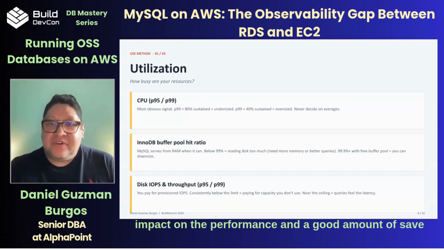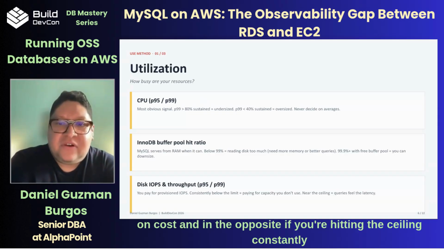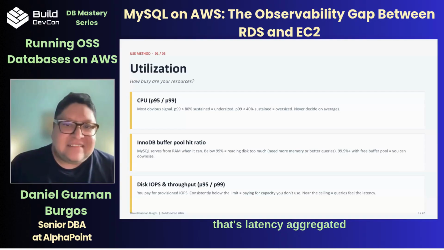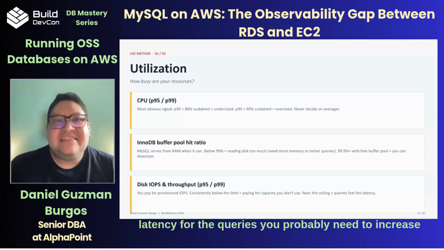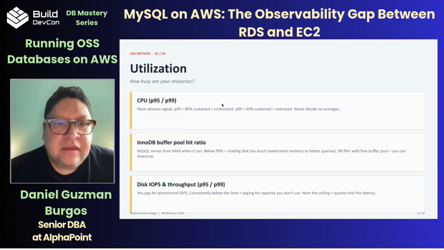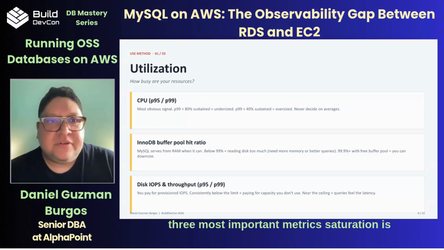No impact on the performance and a good amount of savings on cost. And in the opposite case, if you're hitting the ceiling constantly, that's aggregated latency for the queries. You probably need to increase either the throughput, the bandwidth, or the IOPS. So these are, in terms of utilization, the three most important metrics.